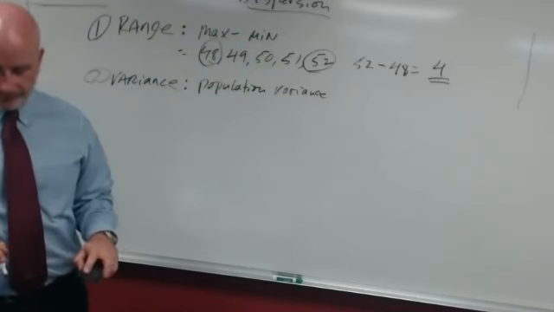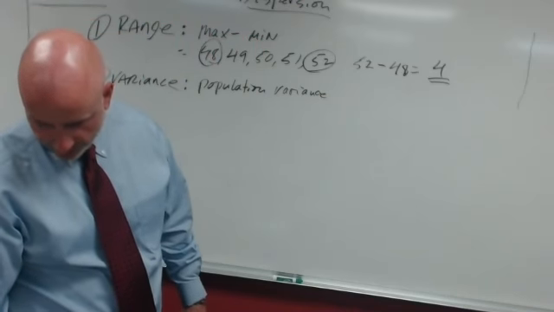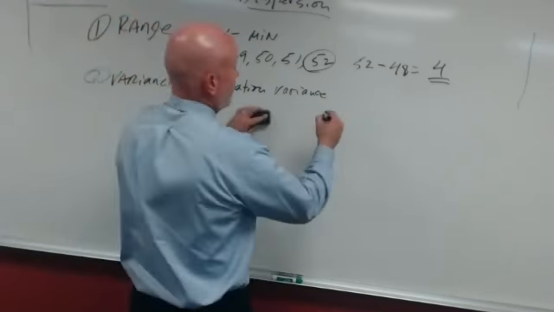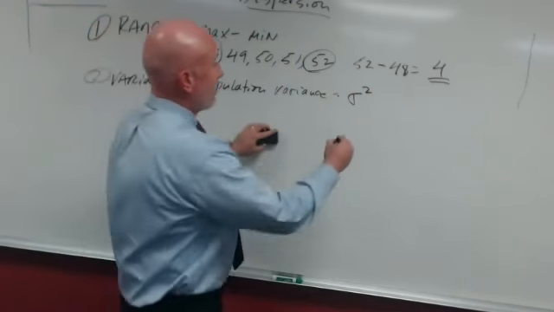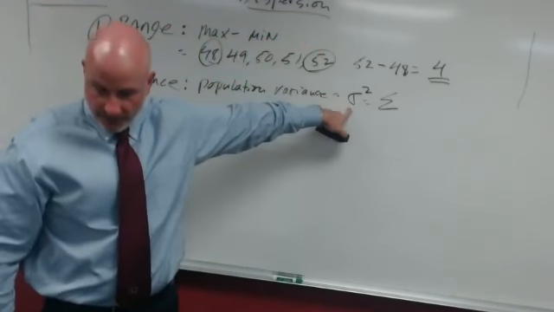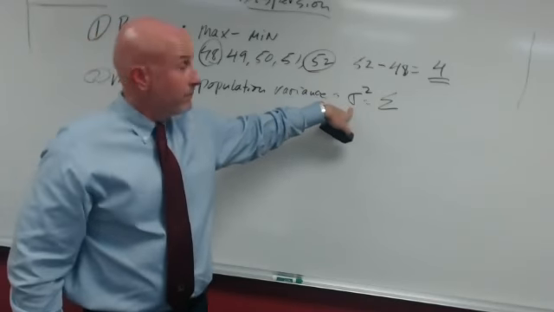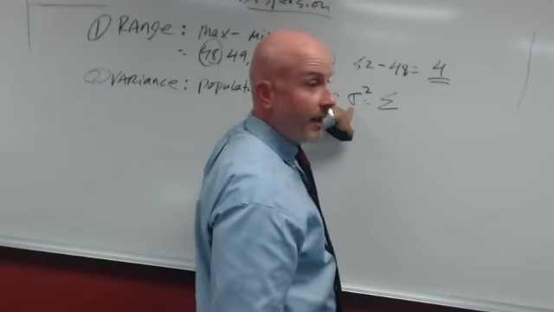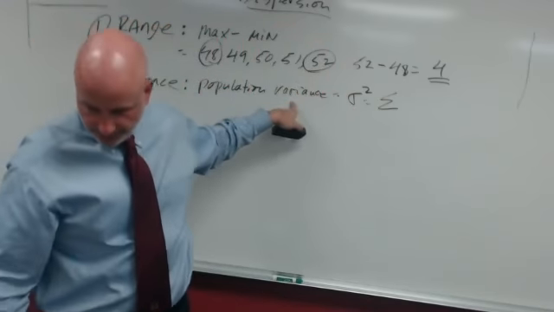Population variance. What's my symbol? We start out with sigma squared. This is the symbol for our population variance.